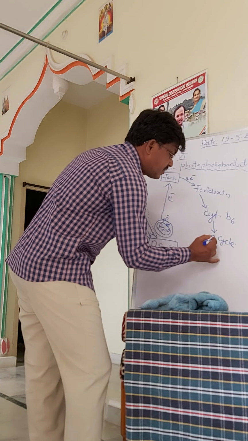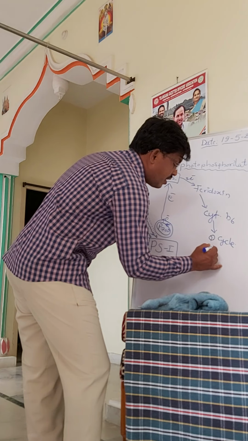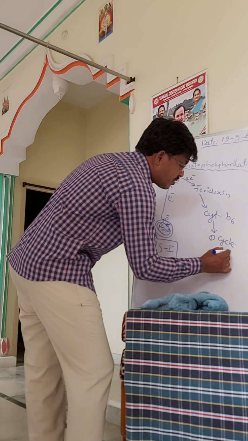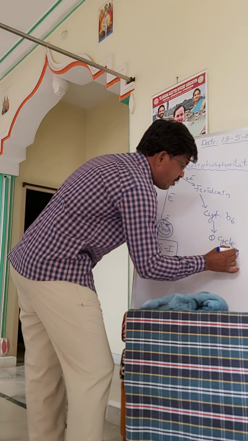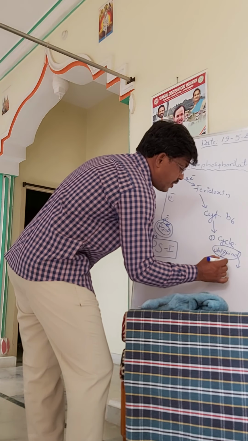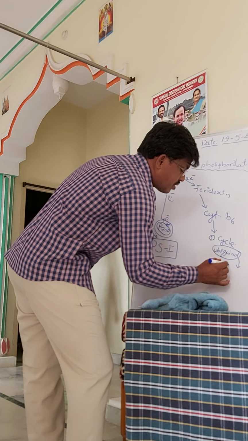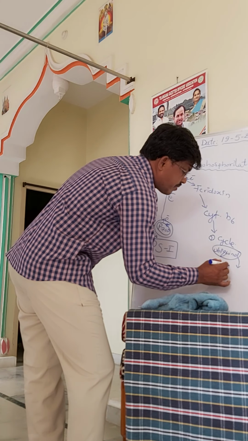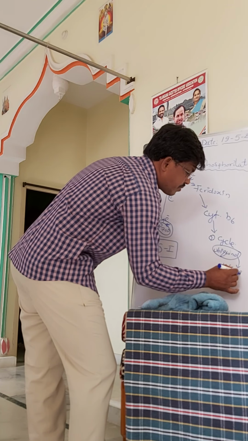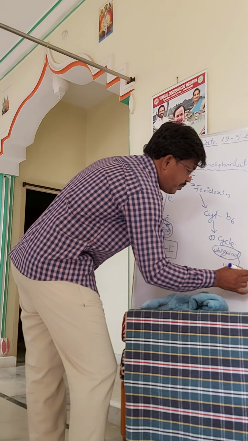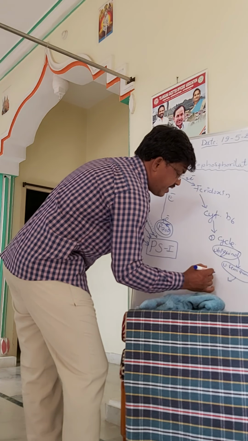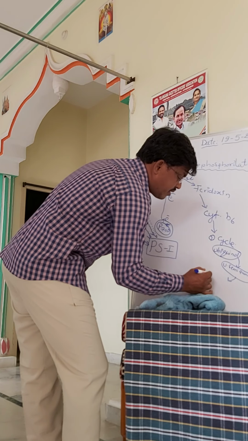For example, in the quinone cycle, ubiquinone, semiquinol, and it is modified as a ubiquinol.